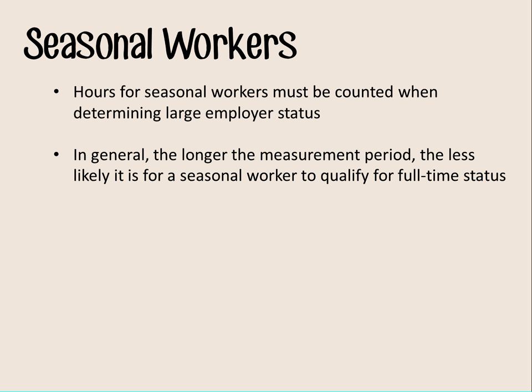In general, when setting up measurement periods for tracking whether or not a variable hour employee is full-time, the longer the measurement period used, the less likely it is for a seasonal worker to qualify for full-time status.